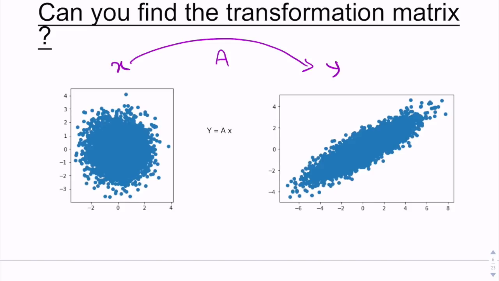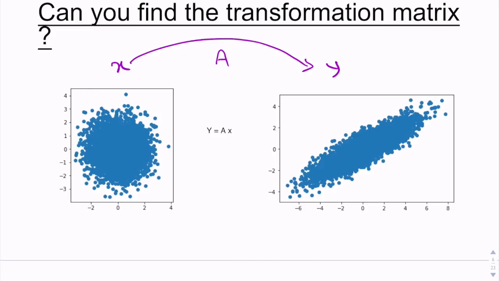Are we able to obtain that transformation only having access to this data? The only thing we observe is y. Now we want to find A. So the answer is yes, and that's basically the idea behind principal component analysis, which I'll describe shortly.